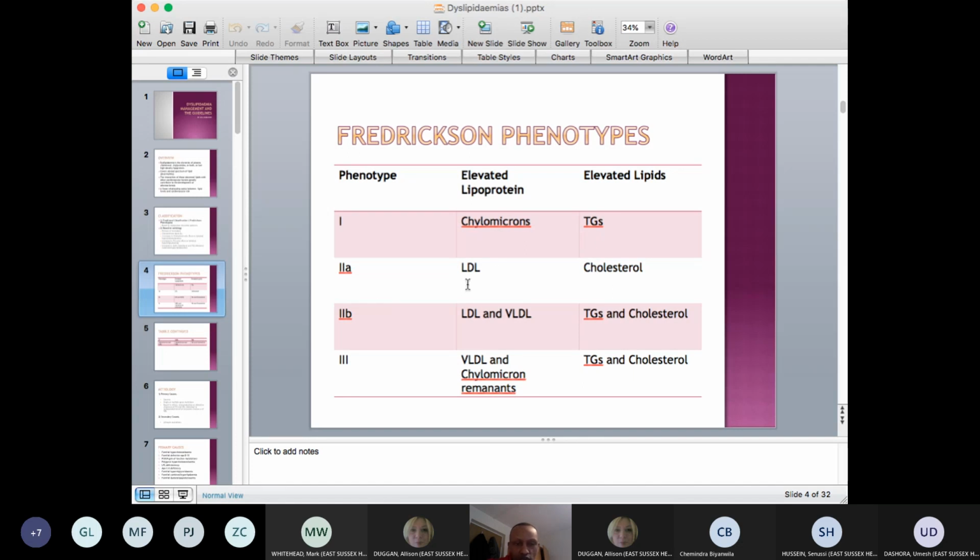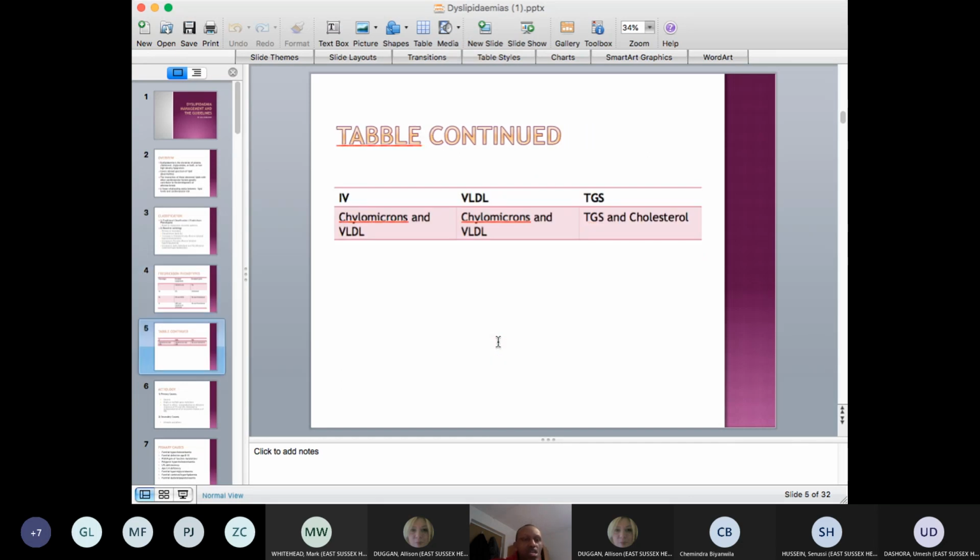There is the 2A, which is the LDL cholesterol, and then the 2B, LDL and the very low density lipoprotein. The third one is the very low density lipoprotein and the chylomicron remnants. Then we've got the fourth one, which has got chylomicrons and very low density lipoprotein.